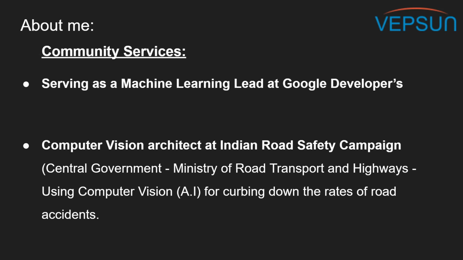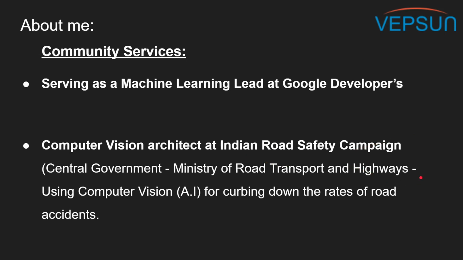My community services include being a part of the Google Developers community as a machine learning lead, and I'm also associated with the central government of India, Ministry of Road Transport and Highways specifically, under their program called Indian Road Safety Campaign.